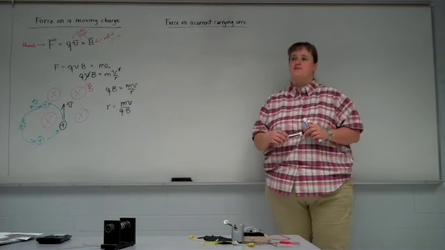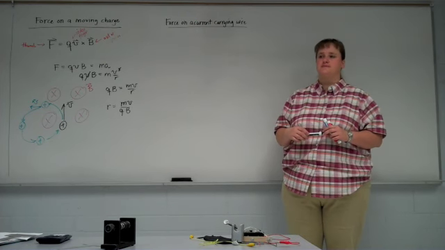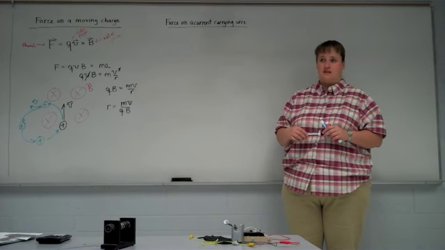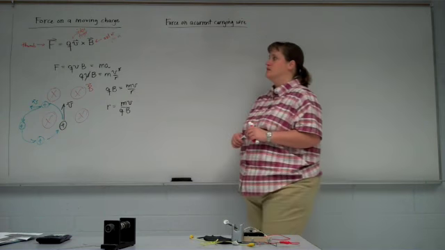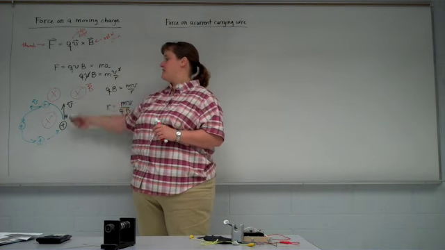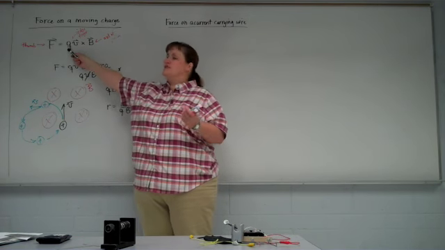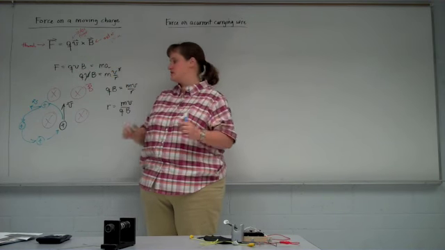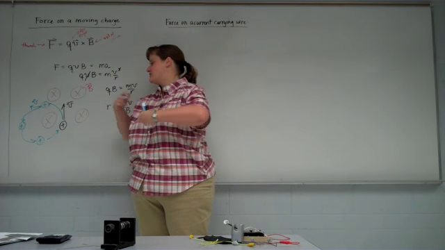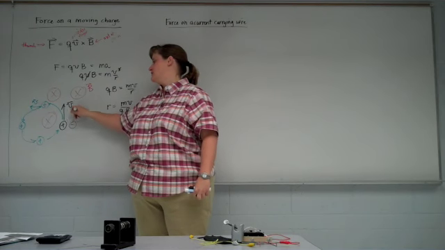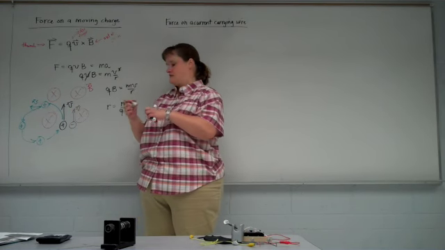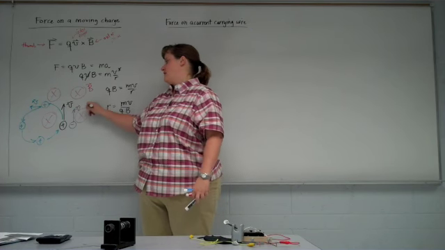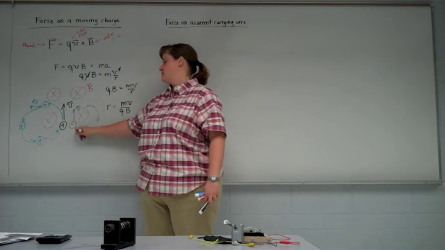What if it was a negative charge instead of positive? It goes the other way. V cross B is what we've looked at. Well, if you multiply that by a negative q, you just get the opposite direction. So if you had a negative charge coming in here, it would circle the other way.